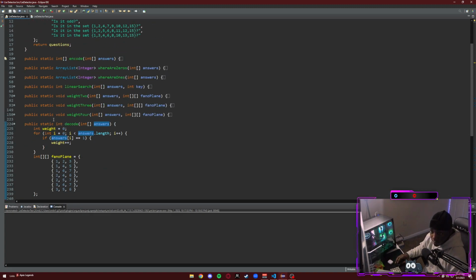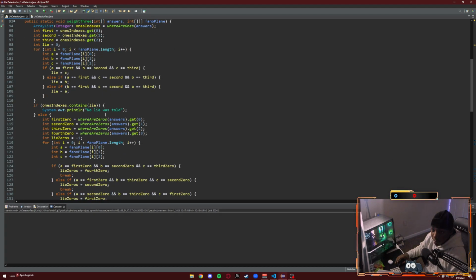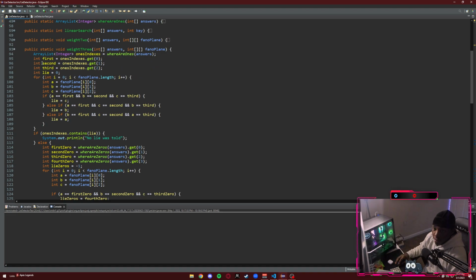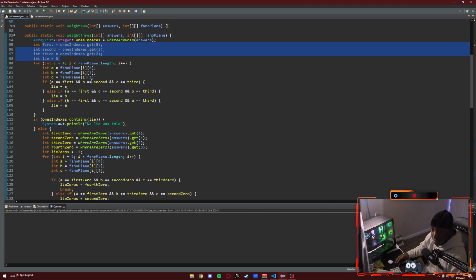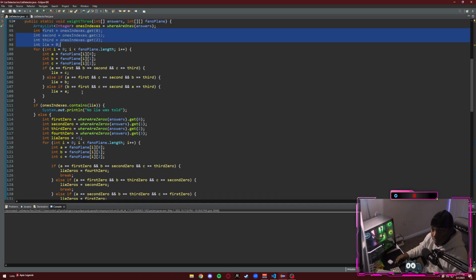And then I have my weight 2, which I went over, and then weight 3, since it's a little bit different. I have it go through the first 3 1 indexes and compare them with the Fano plane for the exact 3 numbers that are in the Fano plane.